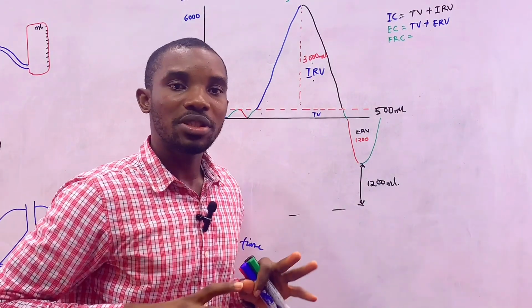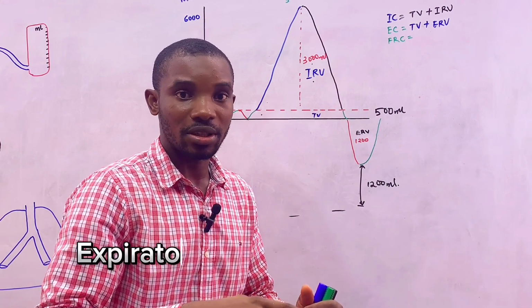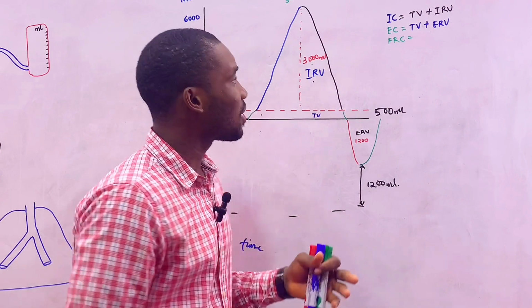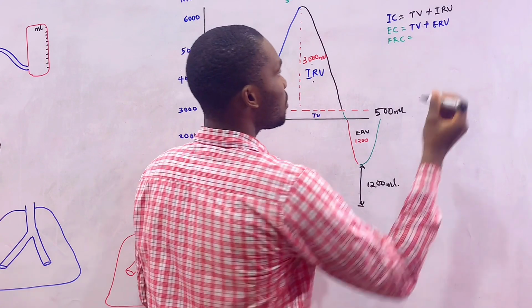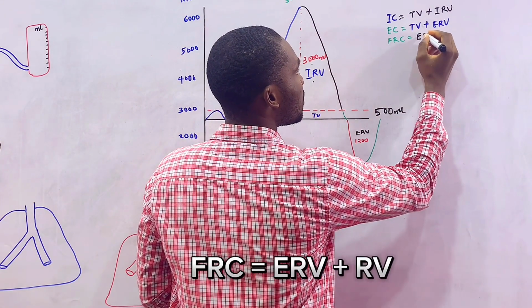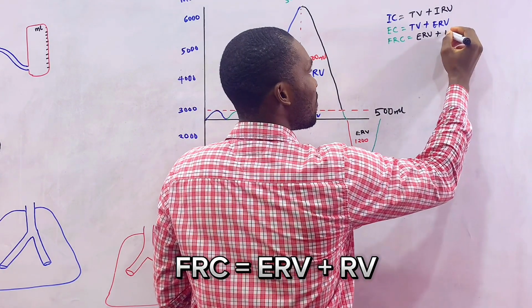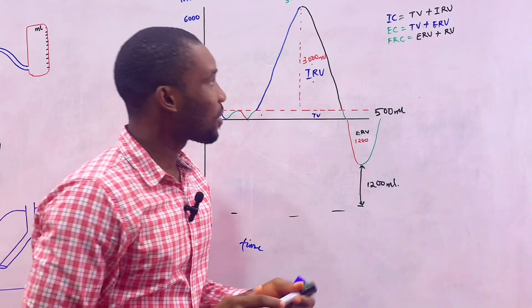That's your expiratory reserve volume, which can still be forcefully removed. But for now, we are calculating capacities, so expiratory reserve volume and residual volume, that's your functional residual capacity. We're progressing, right?